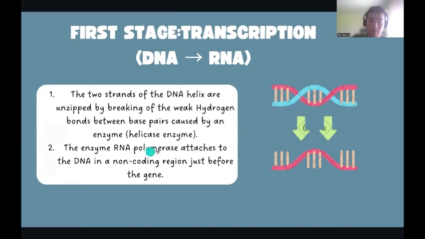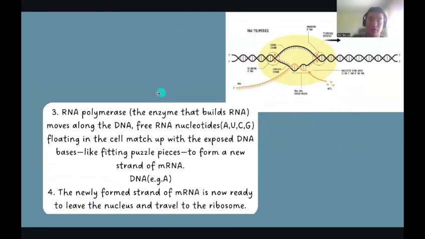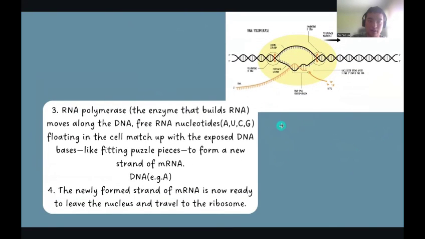The enzyme RNA polymerase, which makes mRNA, attaches to the DNA in an encoding region just before the gene. So it lines up first, and then it will start copying the DNA in complementary pairs. RNA polymerase, the enzyme that builds RNA, moves along the DNA.